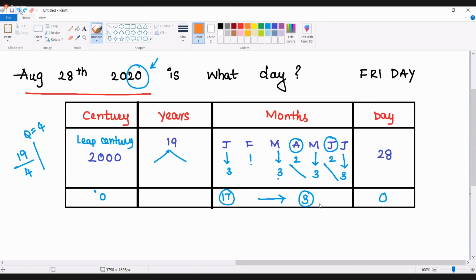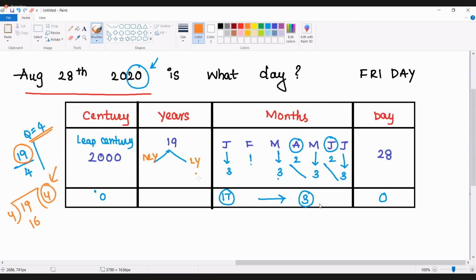Out of 19 years, to understand how many leap years and how many non-leap years there are, what we need to do is take the number of years, divide with 4, and observe the quotient. If you divide 19 with 4, what happens? 4 fours are 16. So whatever the quotient is indicates the number of leap years.